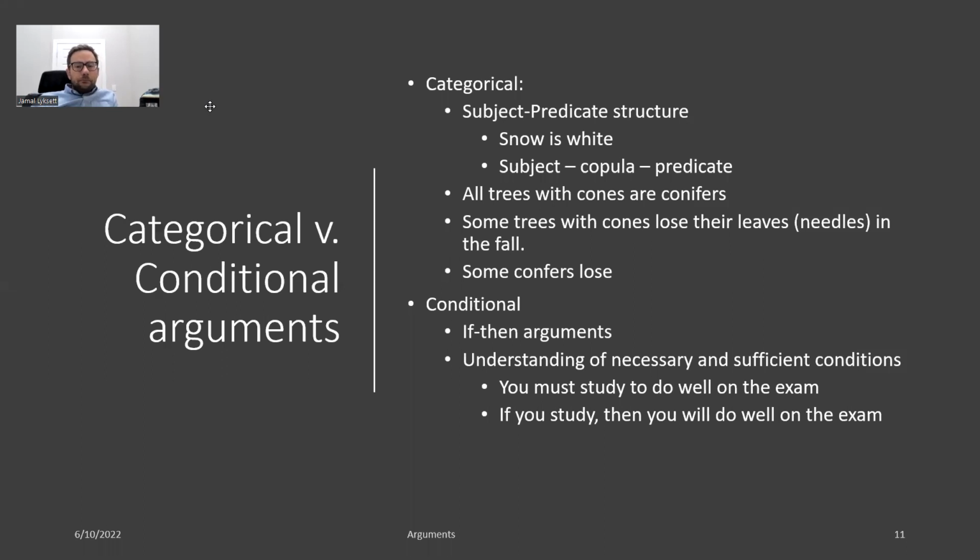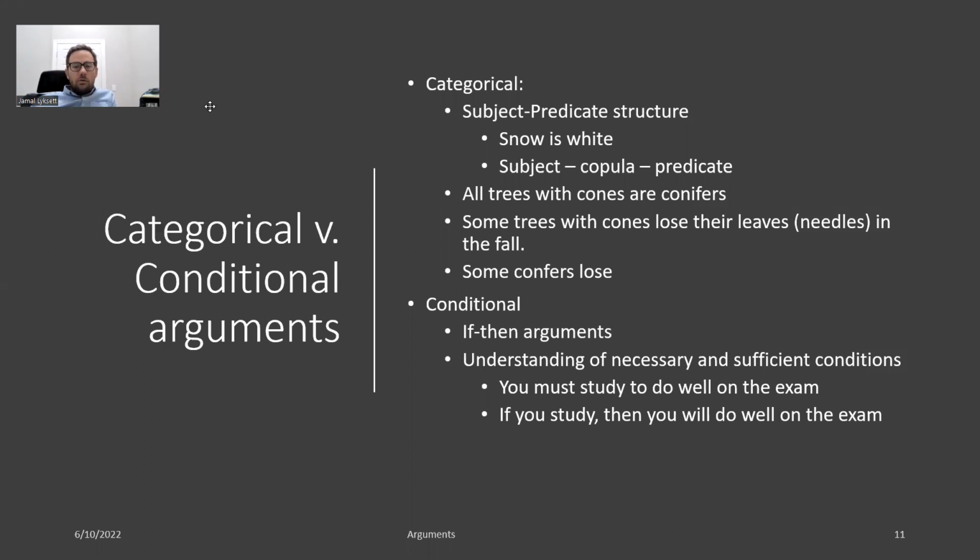Final thing, we have two different types of deductive arguments we're going to be talking about. The first are categorical, right? So things like, here I say snow is white. So I have a subject, I have a copula, which is the is, and I have white, which is the predicate.